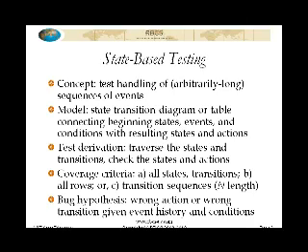Now, what are you trying to test with these state techniques? Basically, there are two things you're looking for. One is, does the wrong action occur? The system just does the wrong thing based on the state that you're in.